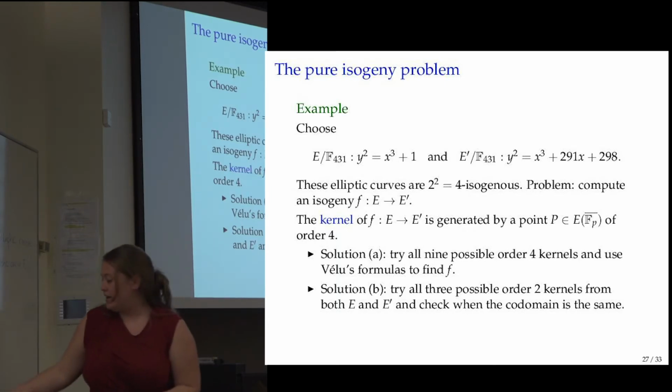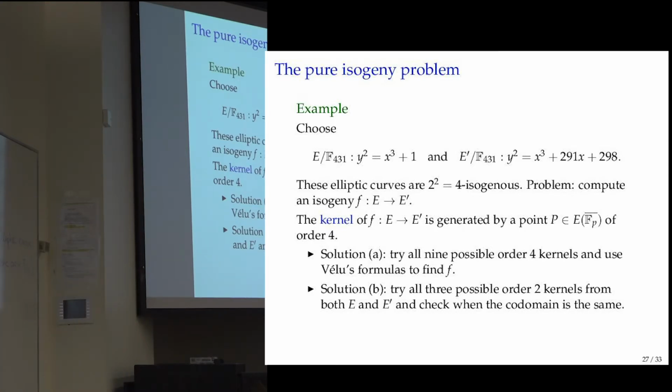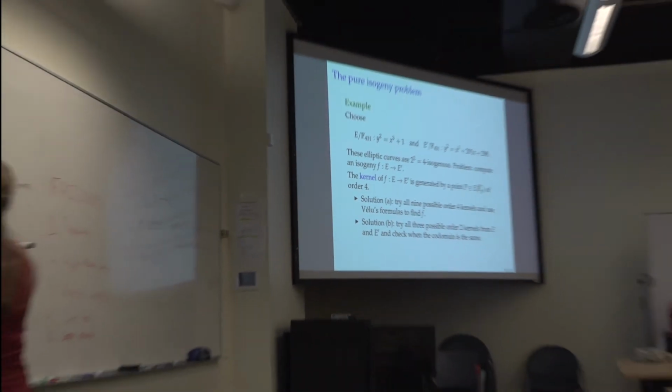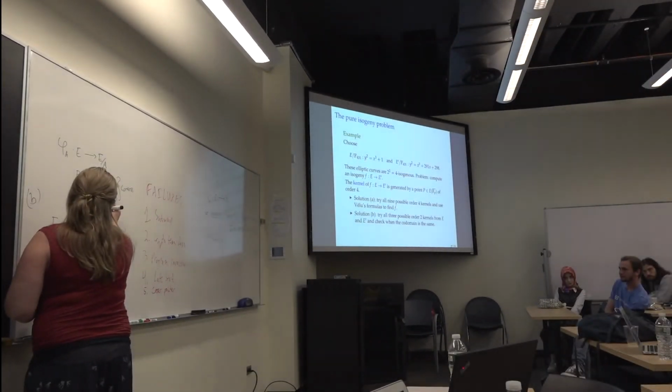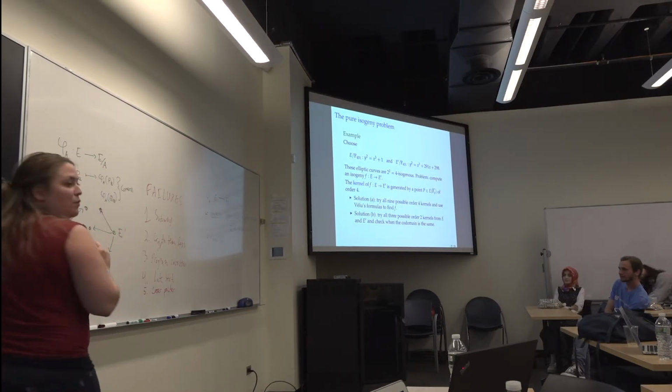Yeah, so if you look at the graphs, then you have, ooh, this doesn't work. Okay. So the solution is like I take my 3 different 2-isogenies from E, I take my 3 different 2-isogenies from E prime, and there will be 1 collision.